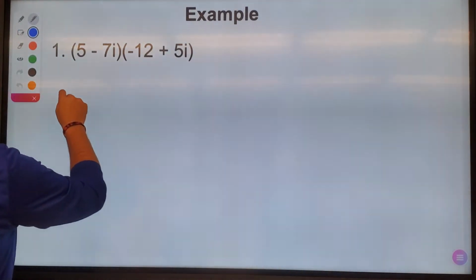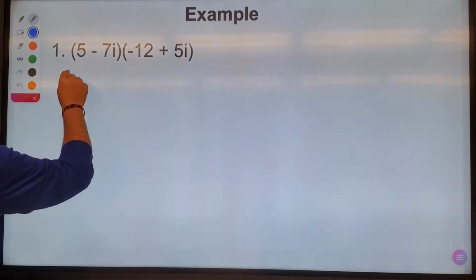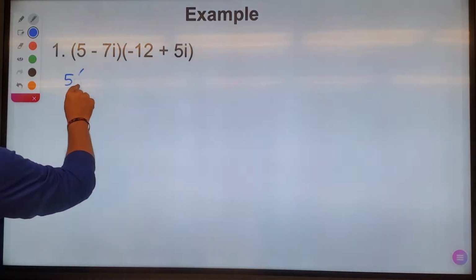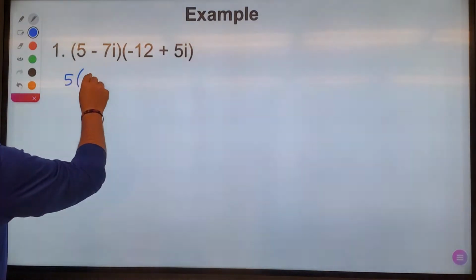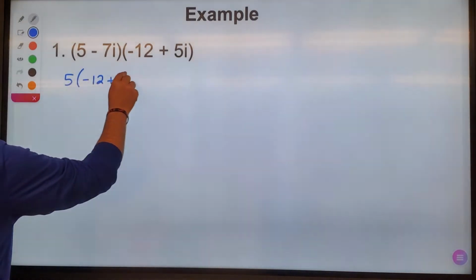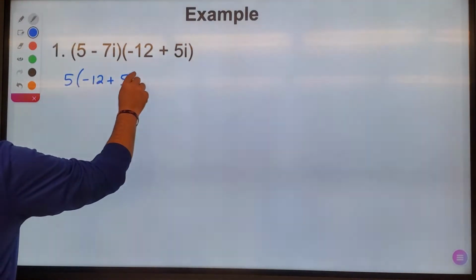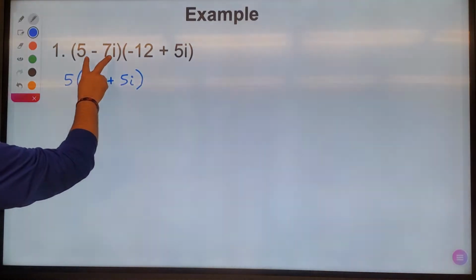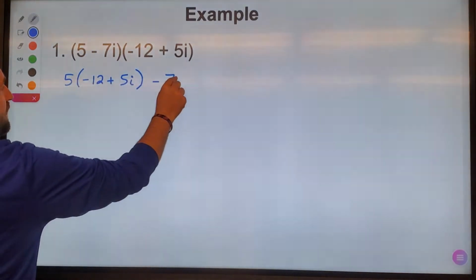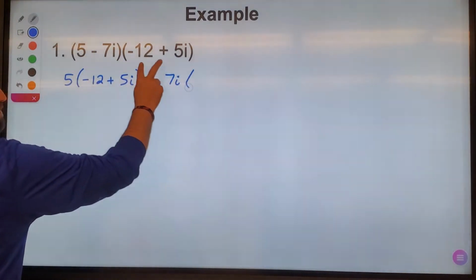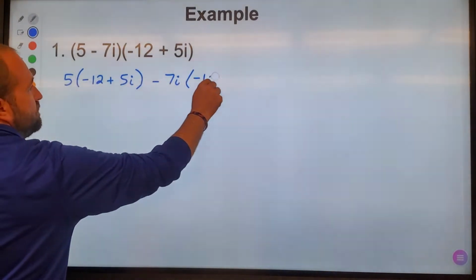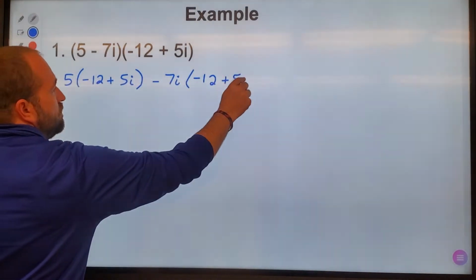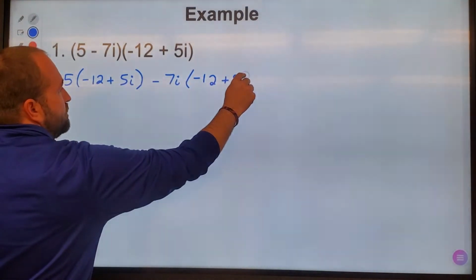Again, I'm going to use the distributive property, so I'm going to take the first term, 5, times the second set, so negative 12 plus 5i. Second term, minus 7i, times the second set, so the negative 12 plus 5i.